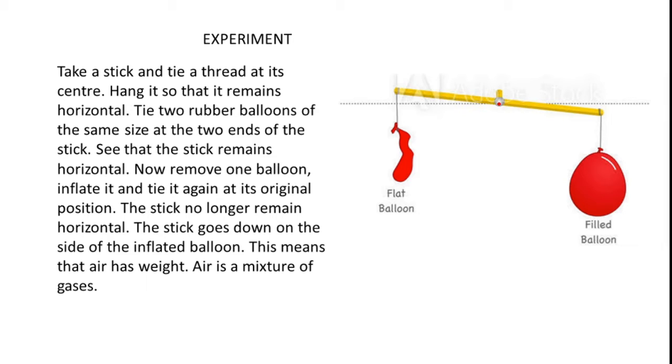Now remove one balloon, inflate it and tie it again at its original position. The stick no longer remains horizontal. The stick goes down on the side of the inflated balloon. So this means that air has weight.